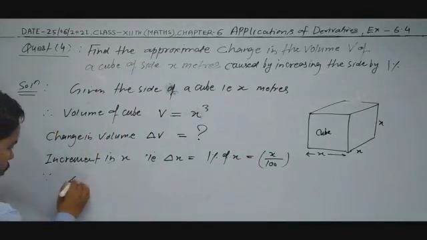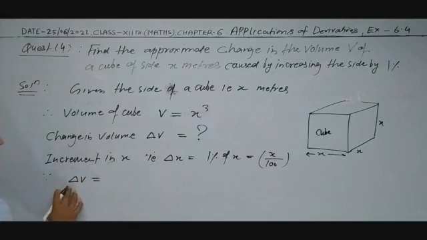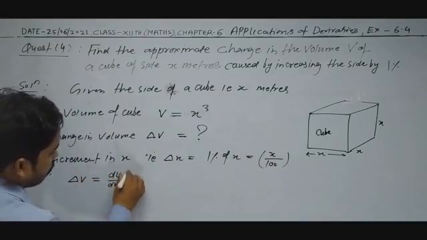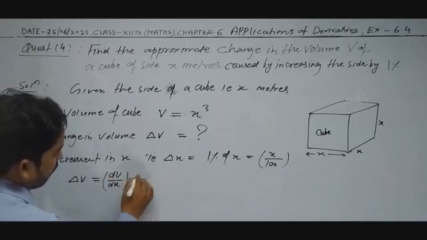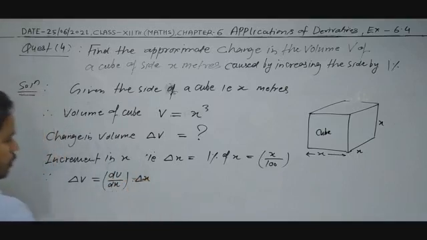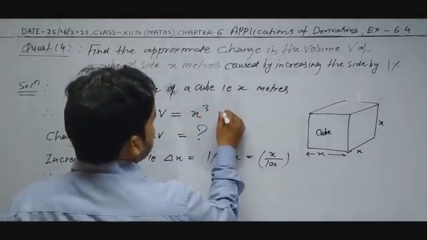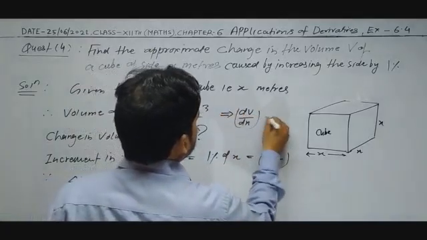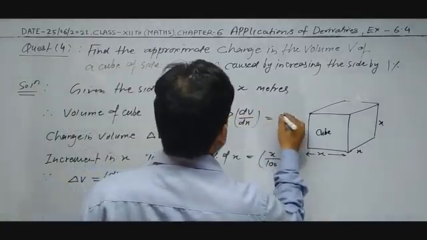Since change in volume can be written as dV by dx times del x. Now you can make the formula, and from this expression dV by dx you can calculate, result will be 3x square.